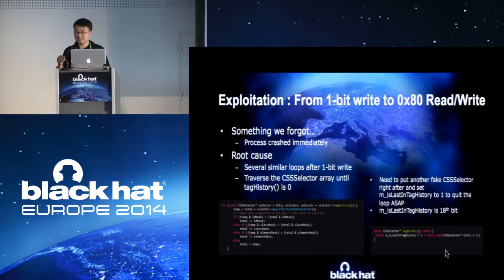So you can see that it uses a bit called is last in tag history, which is its 18th bit. If this bit is set to 1, it means the last CSS selector is accessed, so it will quit the loop. Otherwise, it will keep traversing until the process crashes.